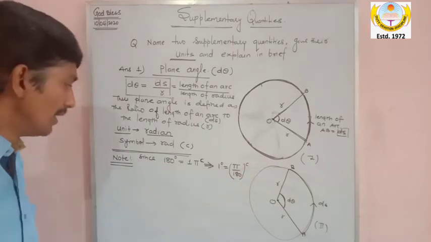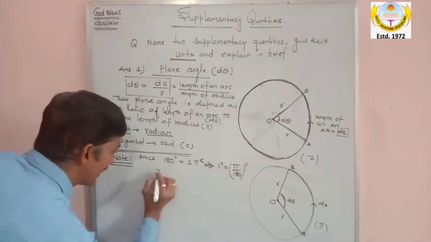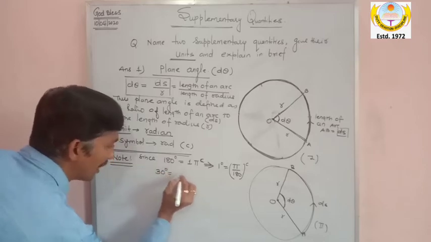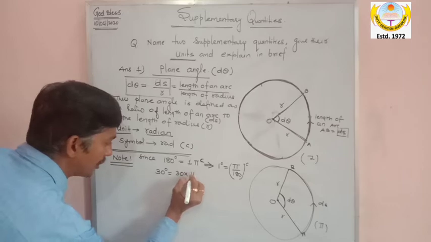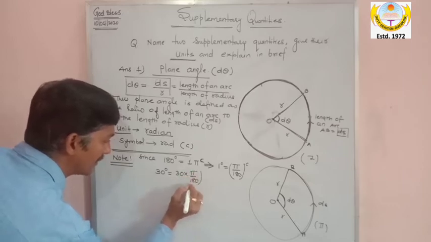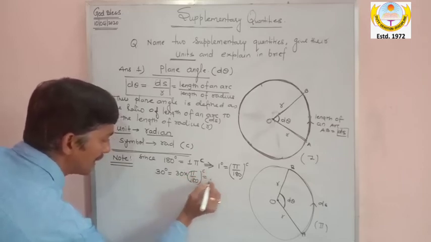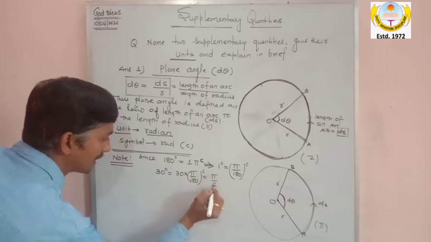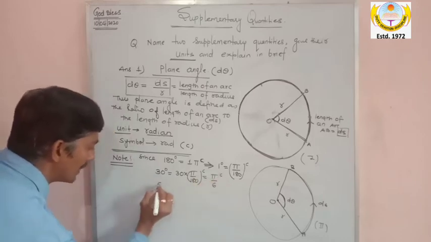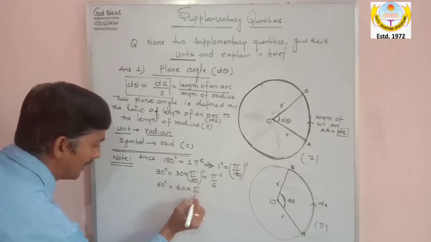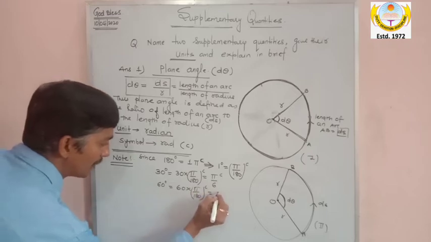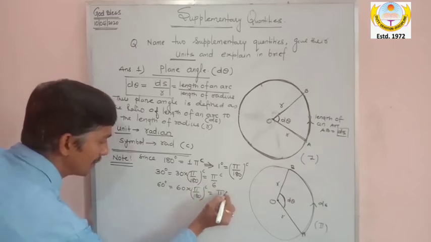So simple. Now, how much is 30 degree? 1 degree is pi by 180, so 30 degree will be 30 into pi by 180 radian. That is, my dear, the answer will be pi by 6 radian. How much will be 60 degree? 60 degree will be 60 into pi by 180 radian, that is equal to pi by 3 radian.